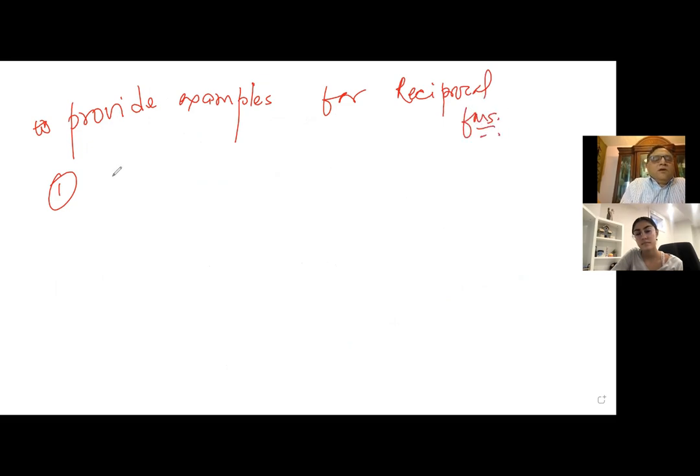Reciprocal functions without horizontal asymptote. Can you give me an example? 1 over x plus 1? Without horizontal asymptote. Oh, I have no clue.